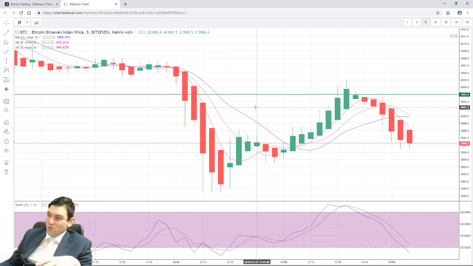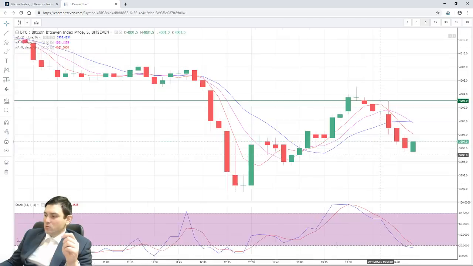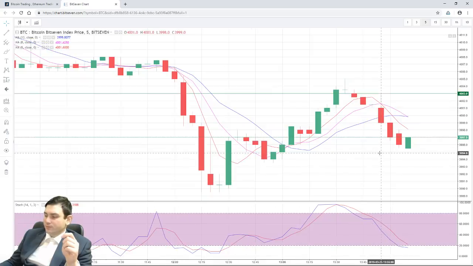It can show you a clearer picture of what happened in the past, but for predictions, not so much. And just a slow flattening of this.